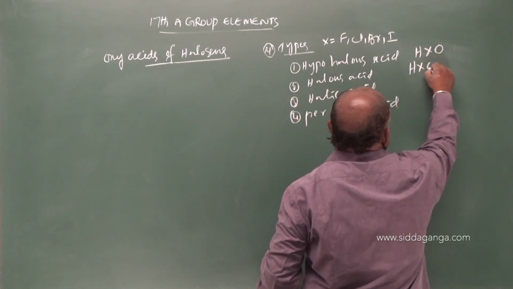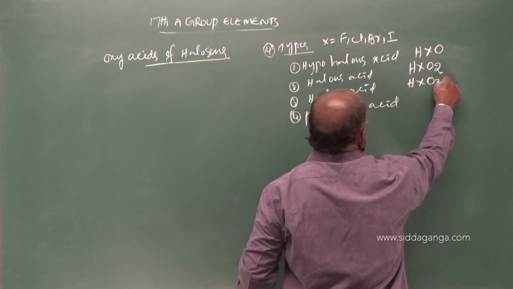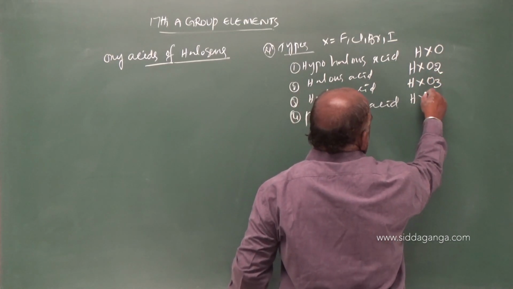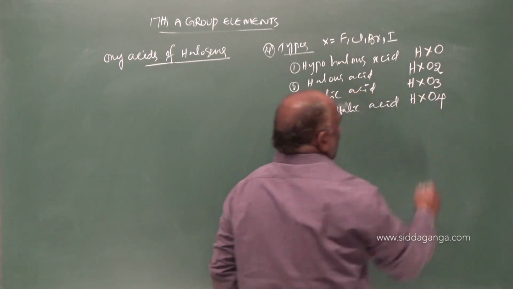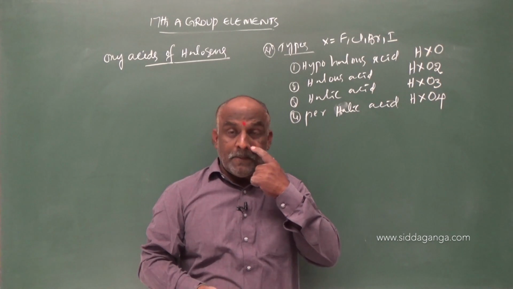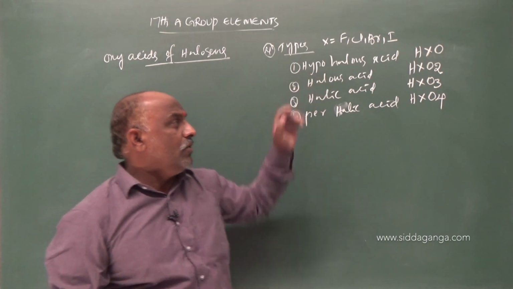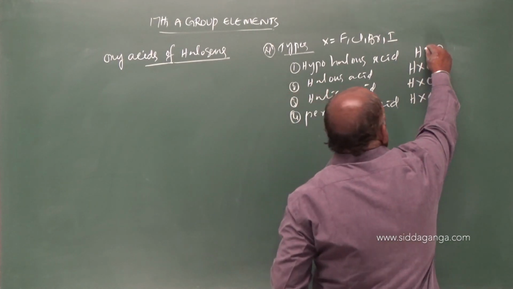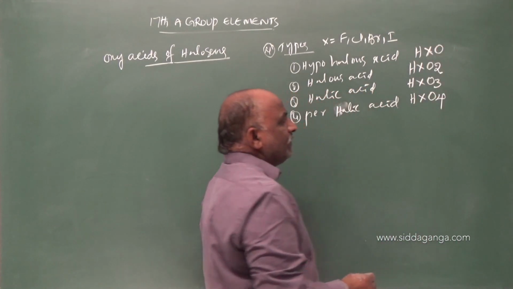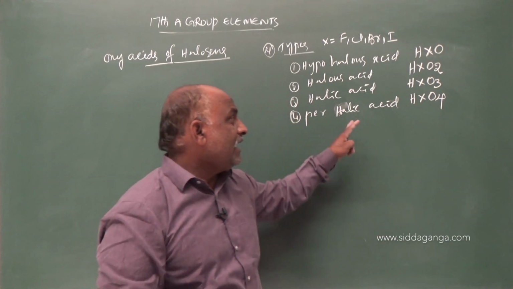HXO2, halous. HXO3, halic. HXO4, perhalic. These are the general formulas, my dear students. Make a note of it. Hypohalous, HXO. Halous, HXO2. Halic, HXO3. Perhalic, HXO4.